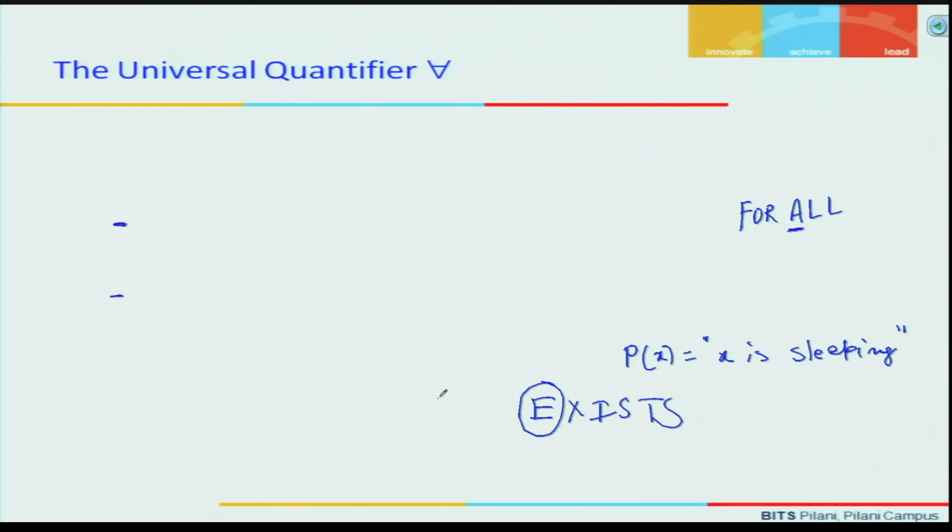Let us understand these quantifiers with better examples. Suppose my universe of discourse for the variable x is parking spaces at BITS, and I define my predicate as P(x): x is full.